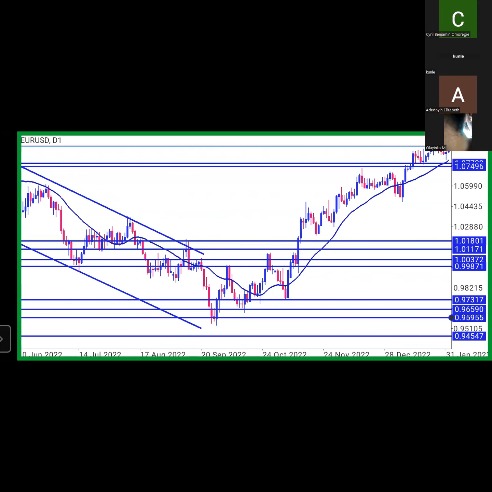Once you've identified that daily area that became a support, change to H4.